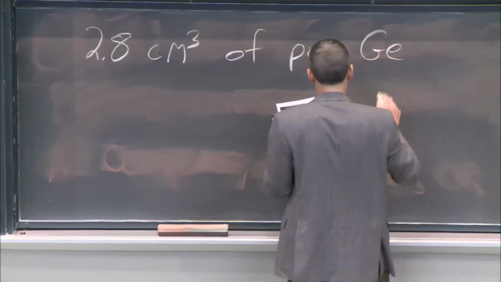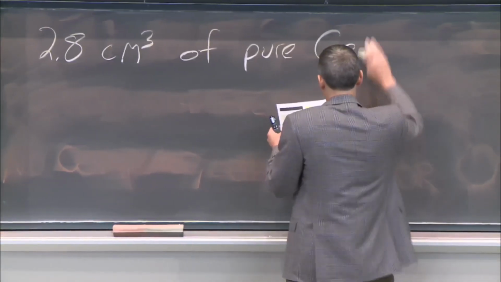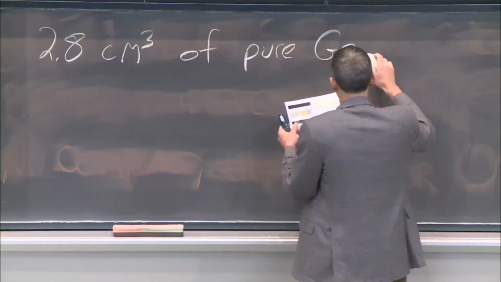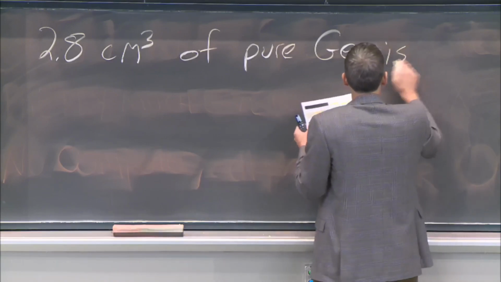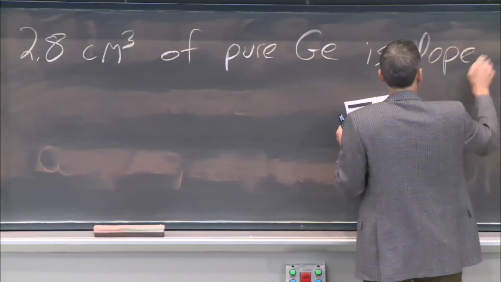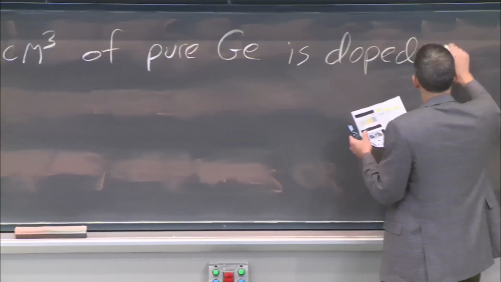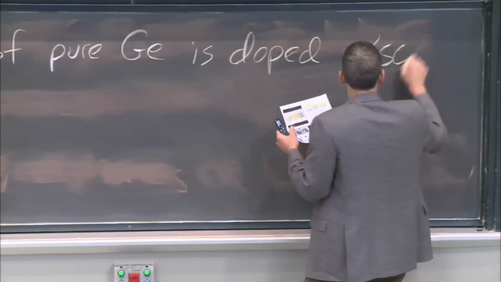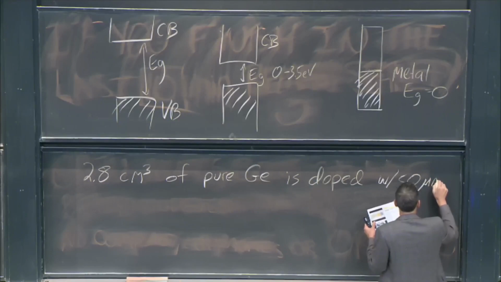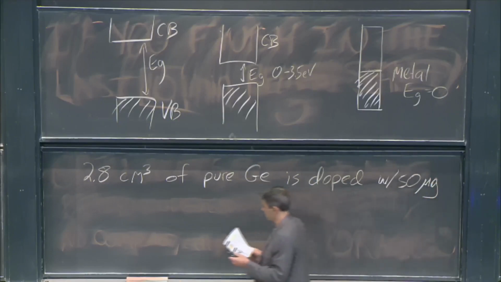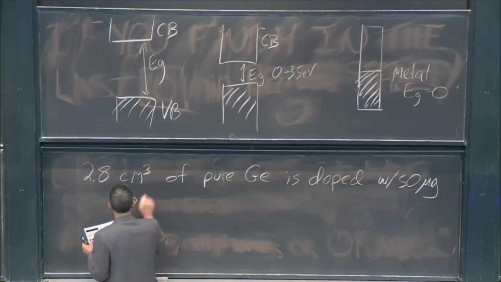I want to highlight this because there's one more thing I want to say about semiconductors before I move on. It's doped, and that's what we spent a lot of time on Wednesday. It's doped with 50 micrograms of selenium.